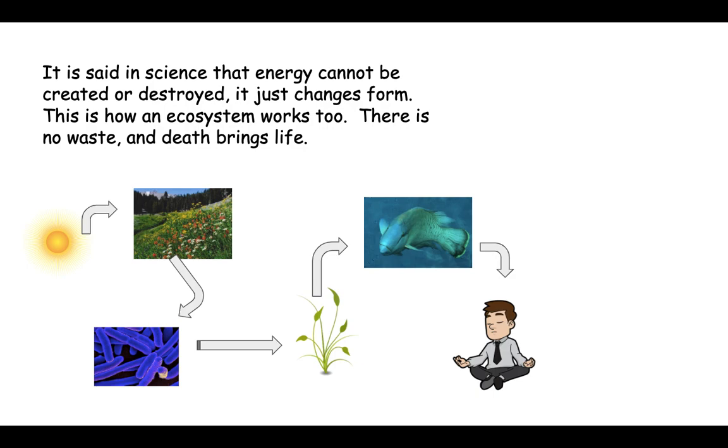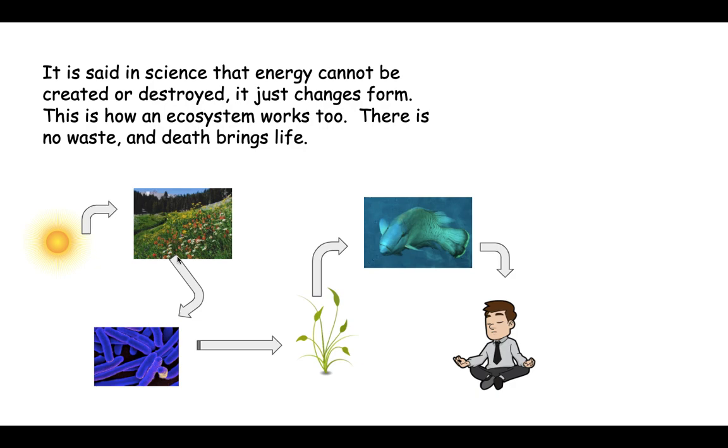So it is said in science that energy cannot be created or destroyed, it just changes form. And this is how ecosystems work too. There is no waste, and death brings life. So at the beginning of all of it is the sun helping the plants to grow.